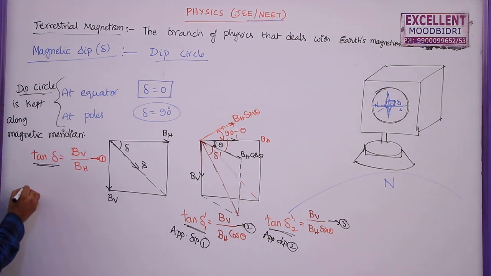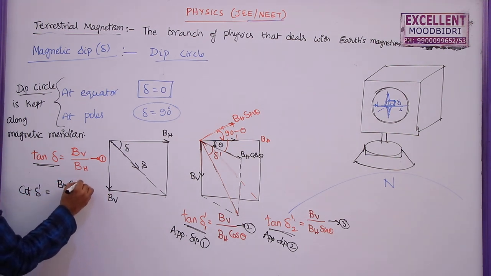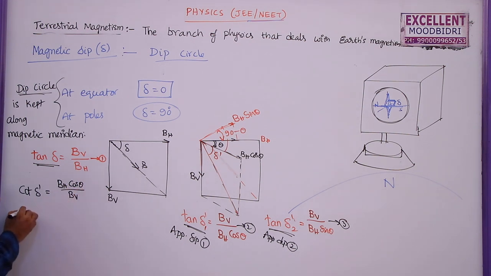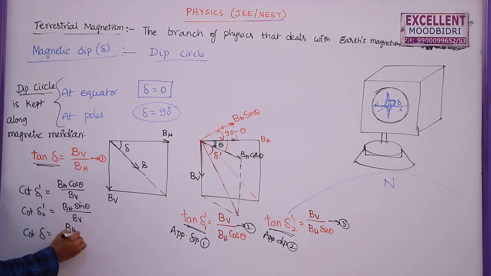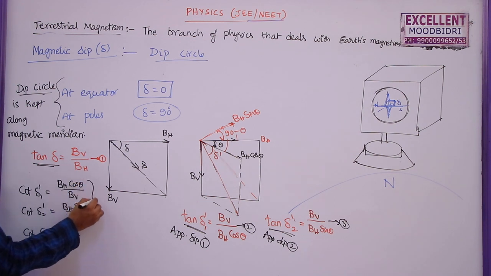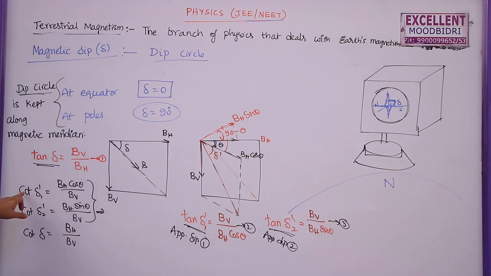What I am going to write, cot δ1' is equal to BH cos theta by BV. Cot δ2' is equal to BH sin theta by BV, and cot δ is equal to BH by BV.